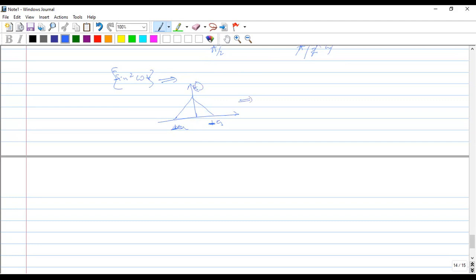So you know that from here to here this function is minus t plus 1, and here to here it is t plus 1.